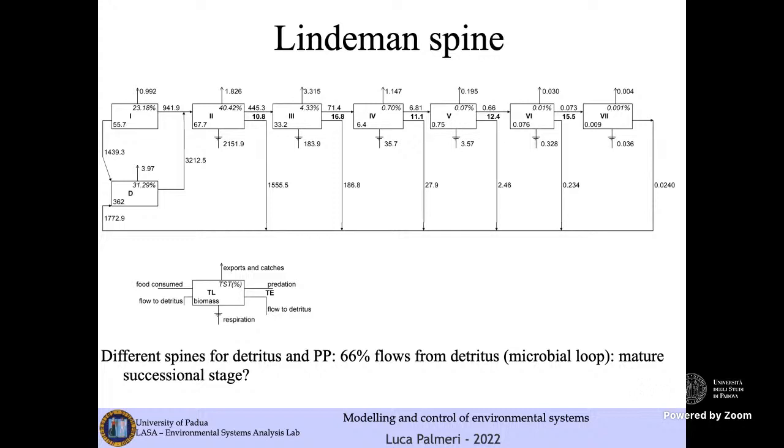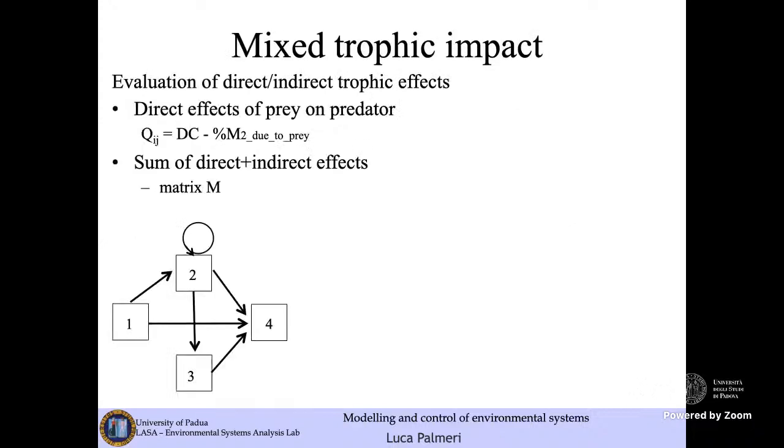In this case, given that 66% of the flows are referring to a lower trophic level of a microbial loop, that means between trophic level 1 and trophic level 2, this means that the system is a mature system, and we are in a mature successional stage. Okay, you have several other indicators like the mixed trophic impact.